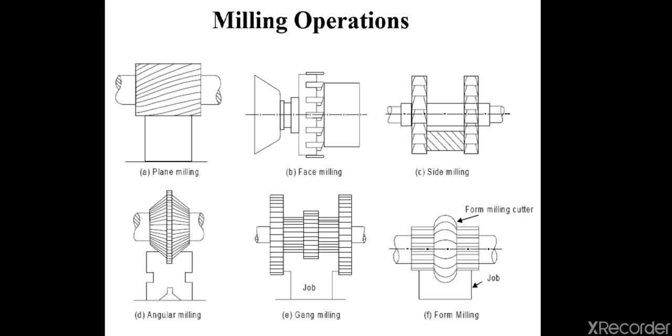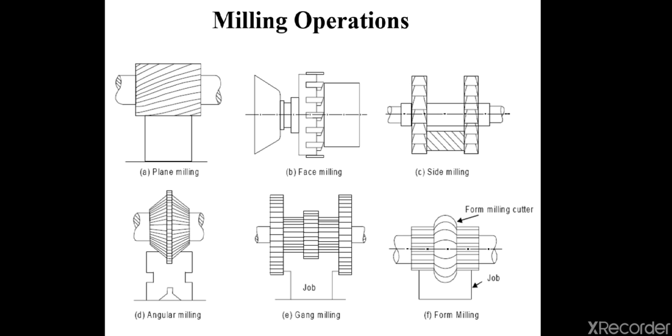The angular cutter may be single or double angle. For example, production of a V block. This V-shaped angle can be produced by using the angular milling operation.